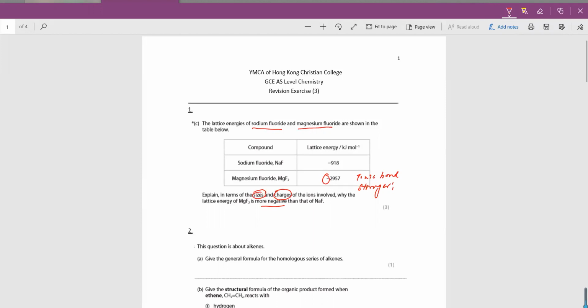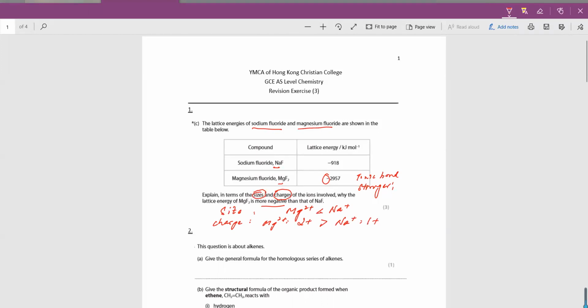So basically, we have to talk about the size. The Mg2+ is smaller than the Na+. The only difference is the cation. And the charge: Mg2+ contains 2+, which is higher than sodium, which is just 1+.